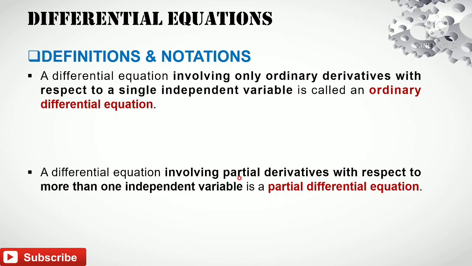Take note, involving partial derivatives. So there's a hint already: if it involves ordinary derivatives, it is an ordinary differential equation, but if it involves partial derivatives, it is a partial differential equation. Here is an example of an ordinary differential equation, with ordinary derivatives, and for the partial differential equation, with the sign of the partial derivative.